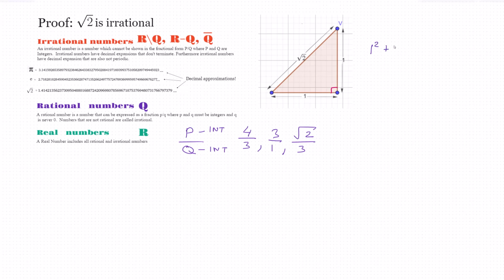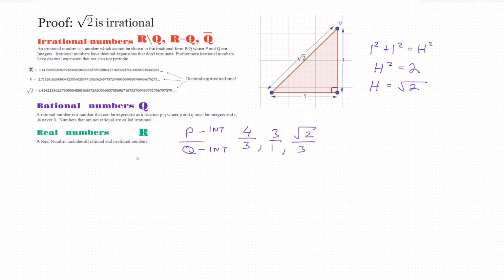You have 1 squared plus 1 squared will equal the hypotenuse squared. Okay, so that means we have the hypotenuse squared is equal to 2. And the hypotenuse will now equal the square root of 2. Obviously not minus root 2 because we cannot have a negative distance. Okay, so that's what root 2 is.